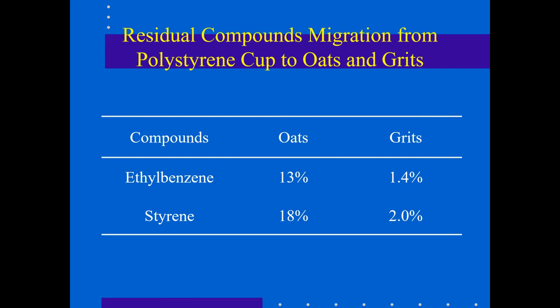Now we look at the percentage of the residual compound migrated from the polystyrene cups to the oats and grits, and the major ones are ethylbenzene and also styrene. 13% in oat, 1.4% in grit for ethylbenzene, and for styrene 18% in oat and 2% in grits.